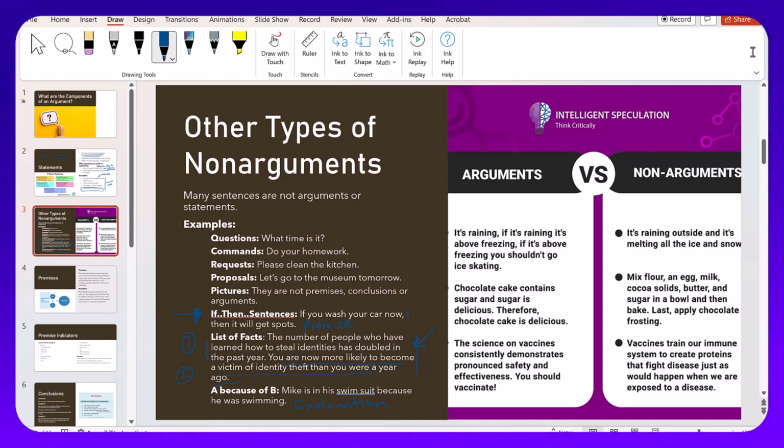Because is usually like that cause and effect idea. Again, you just have to pay attention to: is it explaining something, or is it offering an argument for why something is taking place, right? We're deducing that Mike was swimming because he was in a swimsuit, where the other is stating that Mike was in a swimsuit because he was swimming.